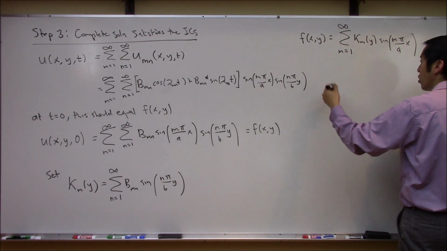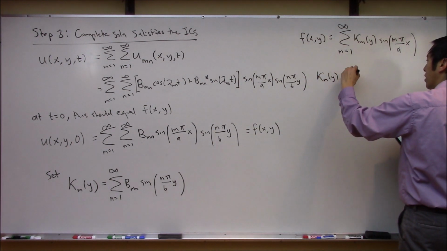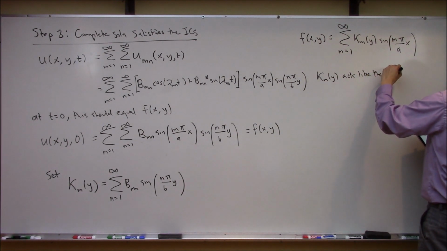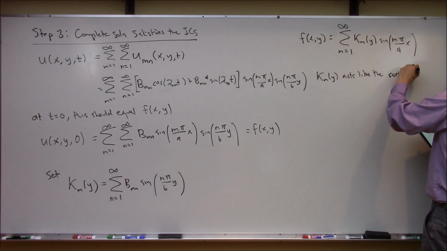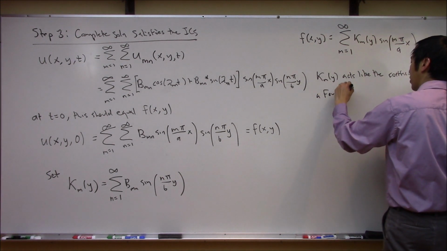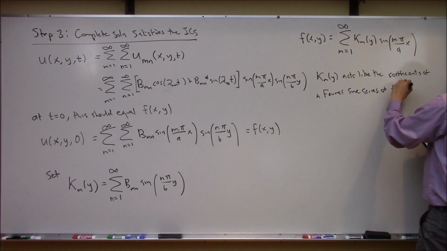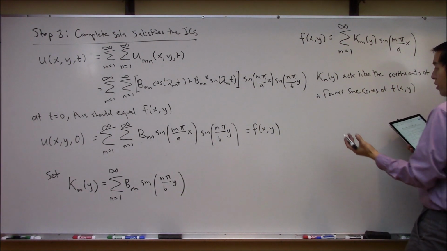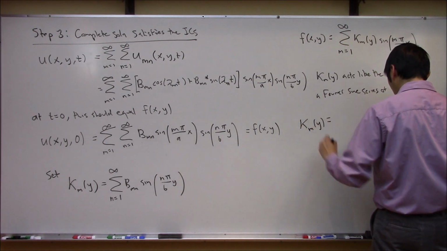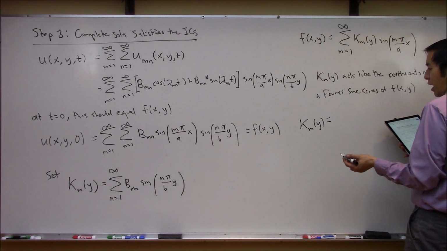So in this case, we can say that k_m of y acts like the coefficients of a Fourier sine series of f of x, y. Those coefficients, k_m of y, were given by a very specific formula that we already derived and used earlier.